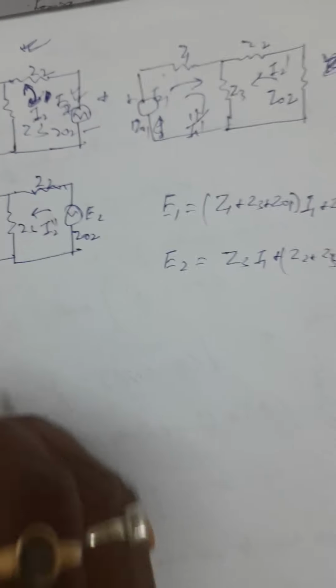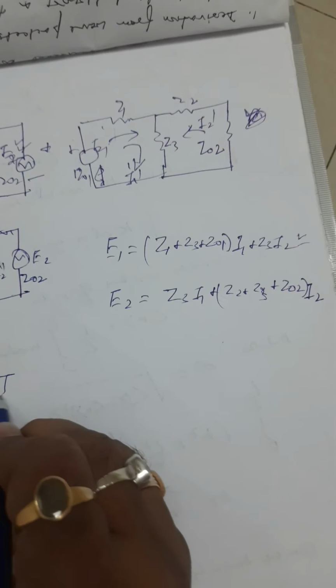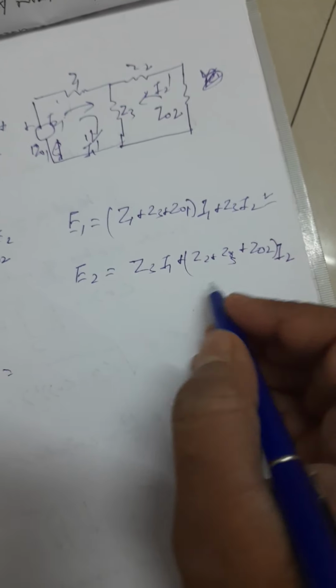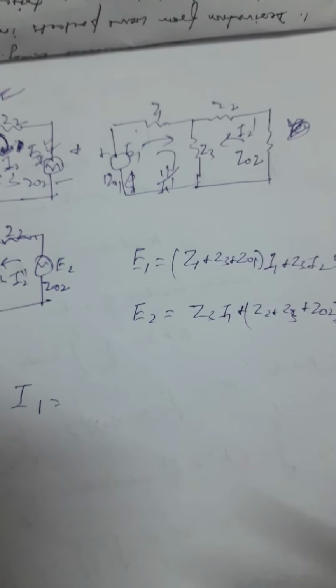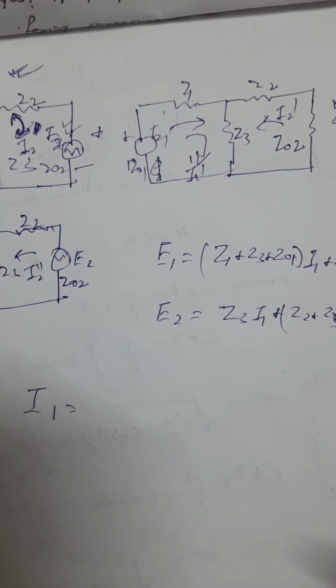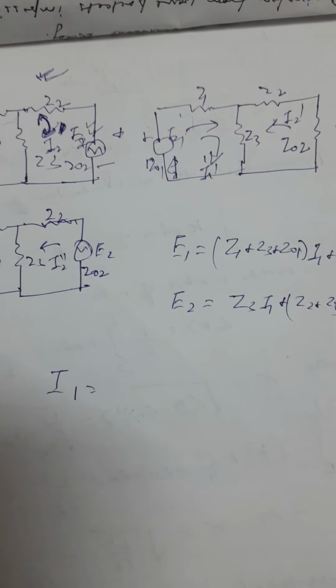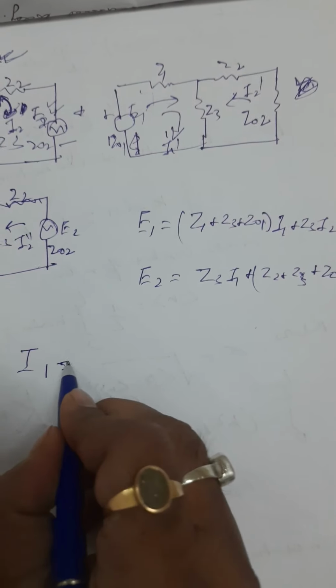Now, using Maxwell's method, we can write I1 equal to, it's very simple. What we did earlier with determinants, we apply here; we know the basic idea of Cramer's rule, so you can take the help of that.